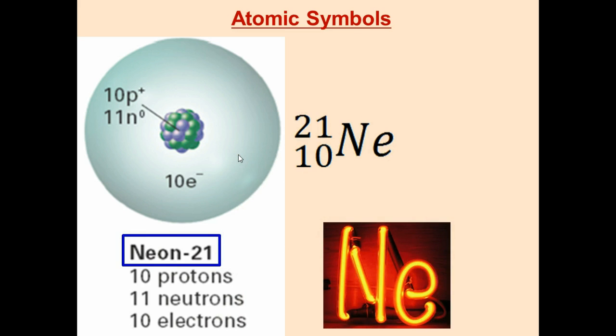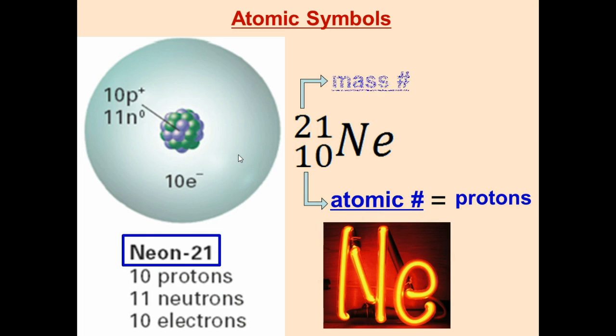There are two types of numbers. There's the atomic number, which is the number of protons, and there's the mass number, which is the number of protons plus neutrons. Because these each weigh 1, this gives you the mass, and we don't really count the electrons because electrons weigh nothing.